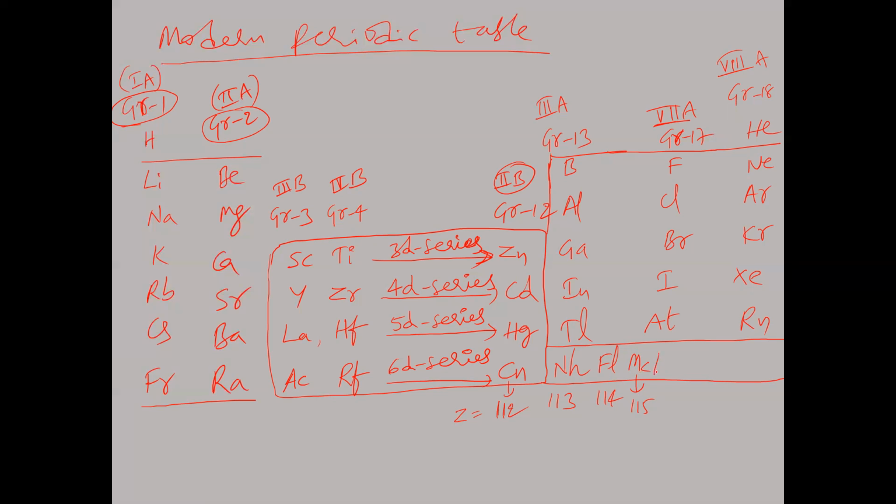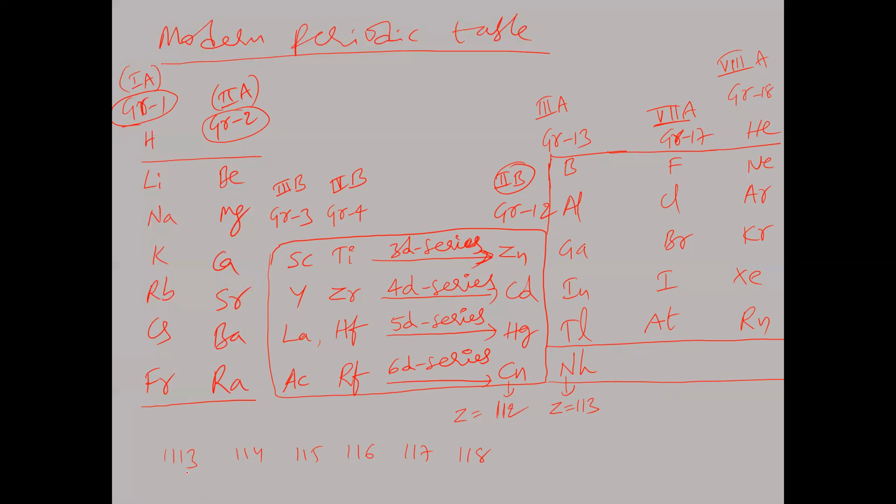And livermorium, Lv. I'm taking all these elements separately here. Remember first: after 112 comes nihonium, which belongs to group 13, with atomic number Z equals 113. Then 113, 114, 115, 116, 117, 118.